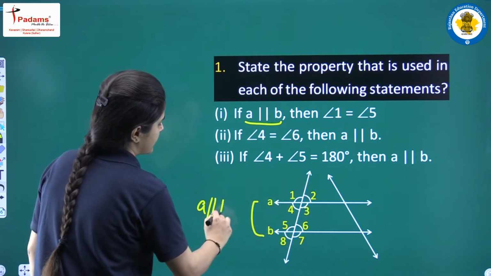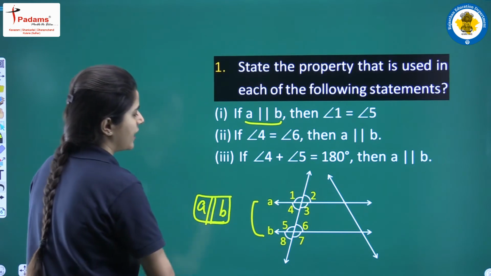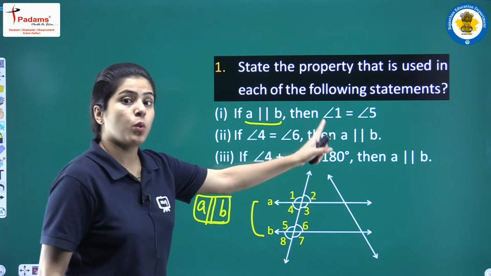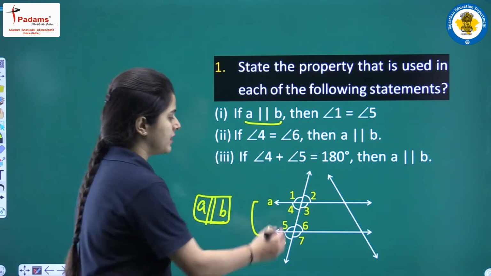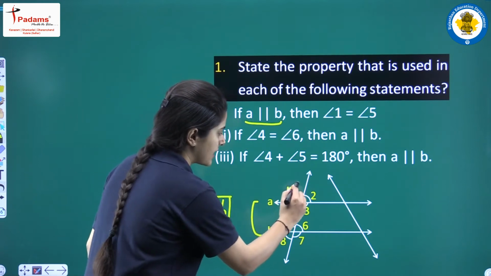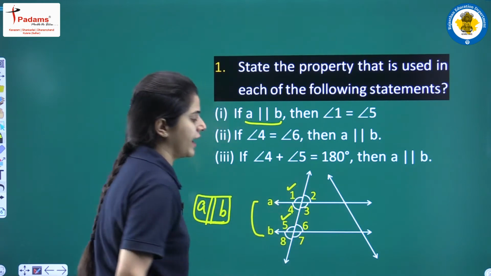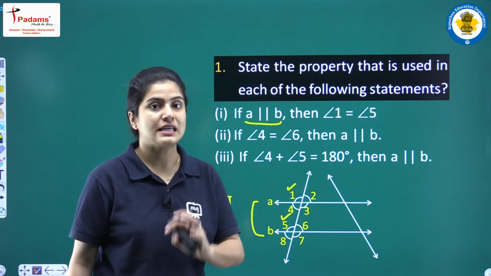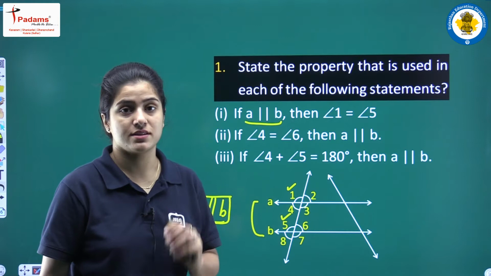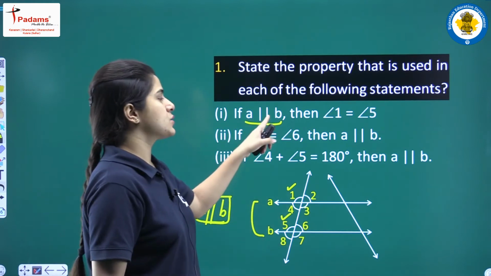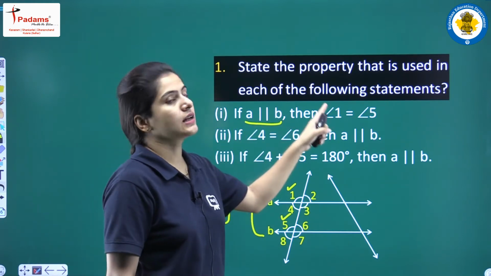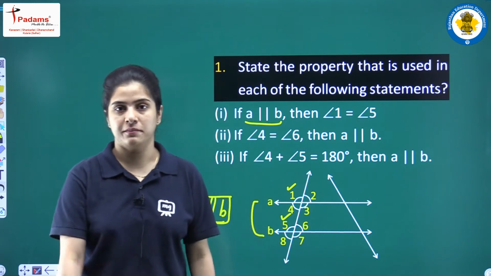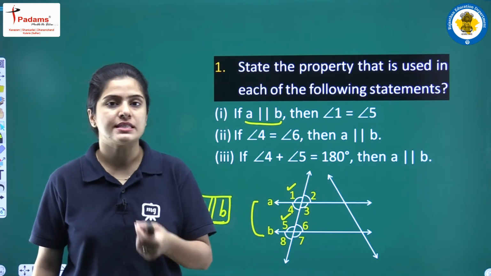Then angle 1 is equal to angle 5. These two angles are equal, students. Then what is the property that says this? If these two lines are parallel, then angle 1 and angle 5 are equal. Which property says so, students?